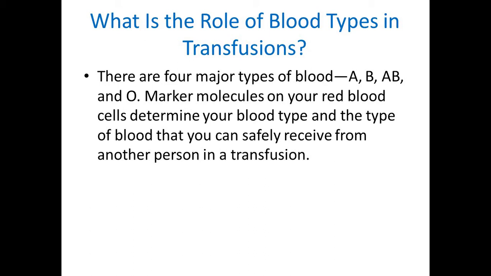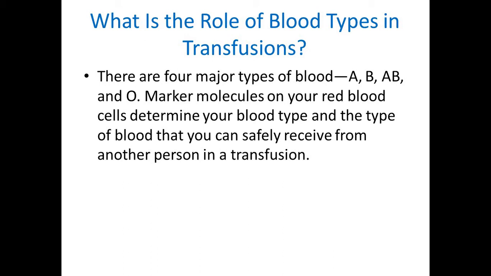Also, we studied that the scientist named Karl Landsteiner studied blood and discovered the four types of blood. I said to you, Karl Landsteiner discovered three proteins that determine the type of blood.